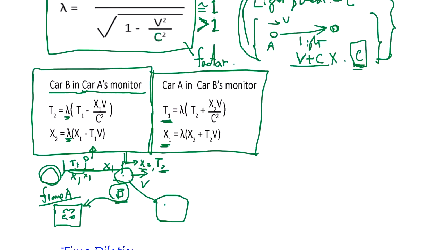That means in this equation, all the coordinates in B are calculated from these coordinates in frame A, and the opposite is true. Okay, and this is all you need to know. The relativity.